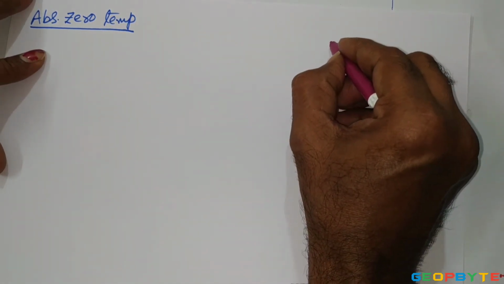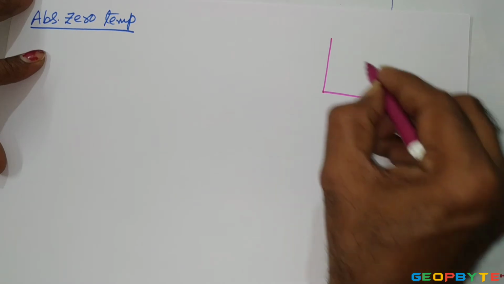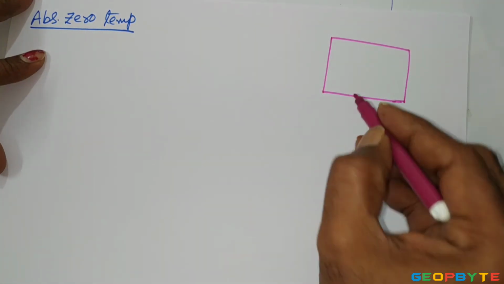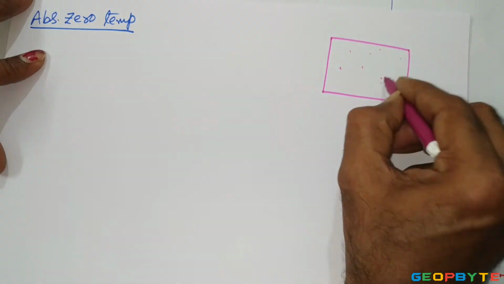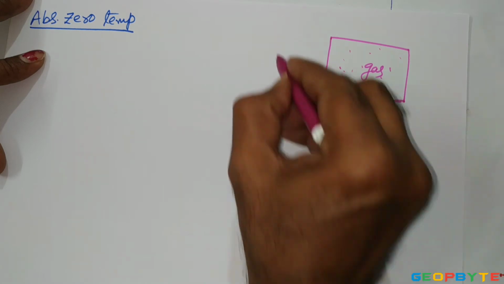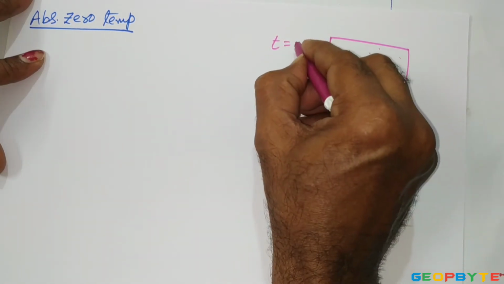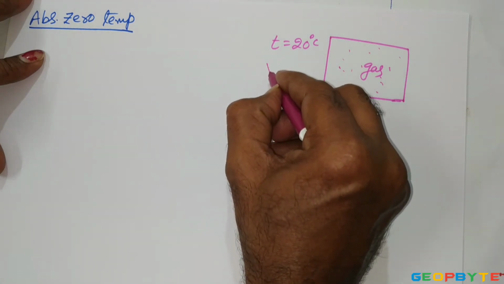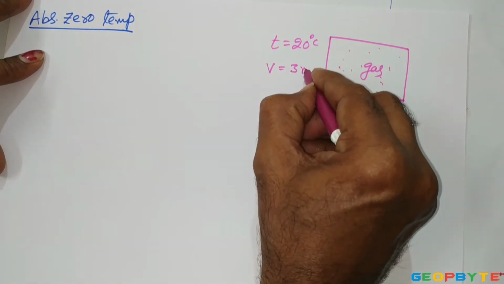Let us take some gas in a container. Assume the gas in the container is maintaining a temperature of 20 degrees centigrade and the volume of that gas is 3 meter cube.